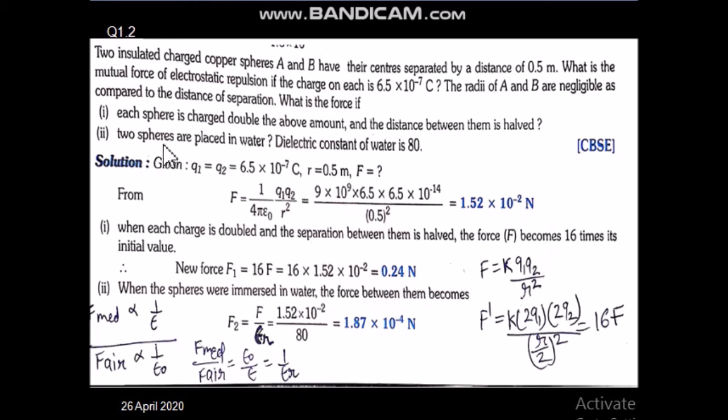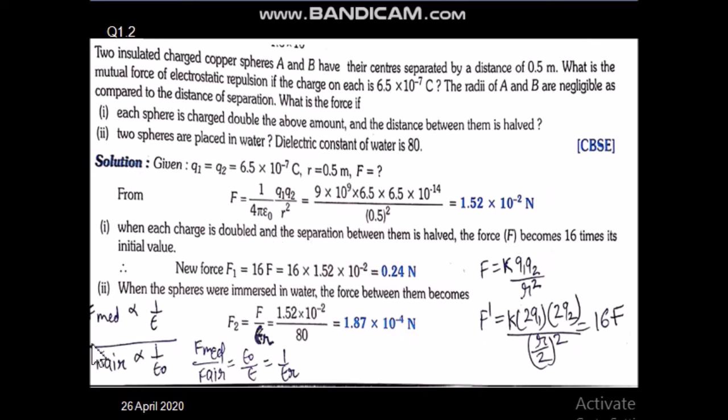The second part of the question is, two spheres are placed in water. So this question is about the medium change. You can see that every time in the force formula this epsilon 0 term comes. This epsilon 0 term comes whenever the medium is air. So this force is inversely proportional to epsilon.